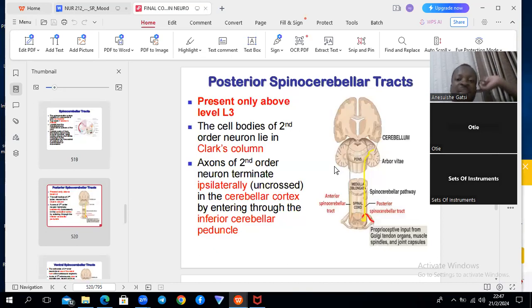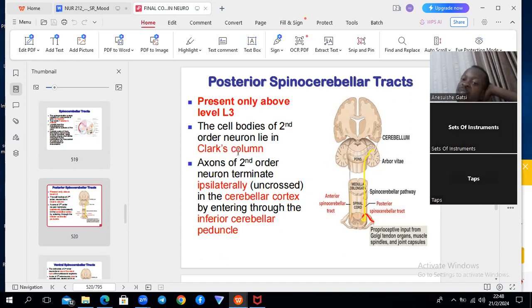We call them anterior and posterior because they originate at different levels of the spinal cord. The posterior spinocerebellar is only present above L3. It originates from something called Clark's column. Someone was asking me about nuclei of the spinal cord. Here is one, Clark's column.